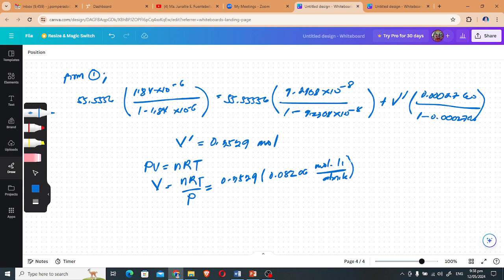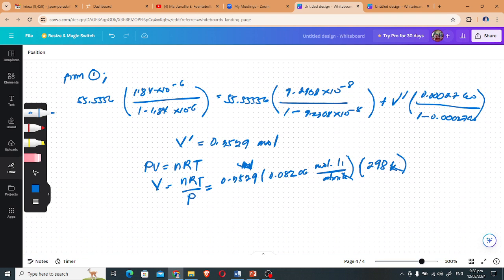Then we have the temperature, which is assumed to be standard room temperature, so you have 298 Kelvin. So we get to cancel the Kelvin unit. This is actually mole, so we cancel that.